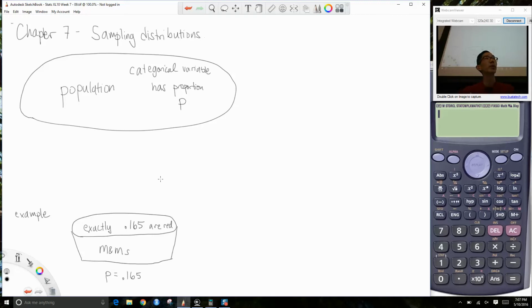We've got a population. And what we are going to do is from the population, we draw a random sample. We take a random sample, okay, of size n, okay, and the random sample has proportion p hat.